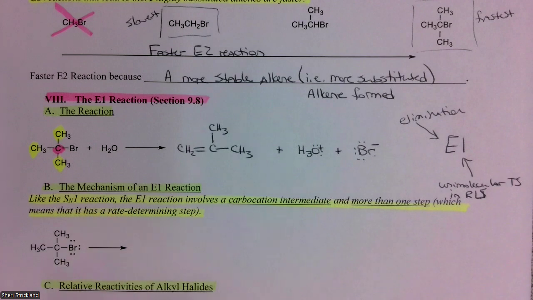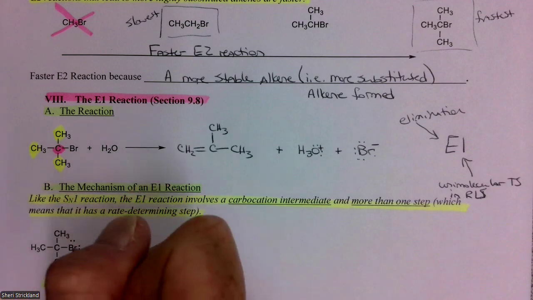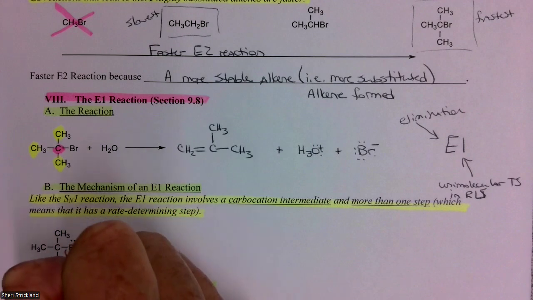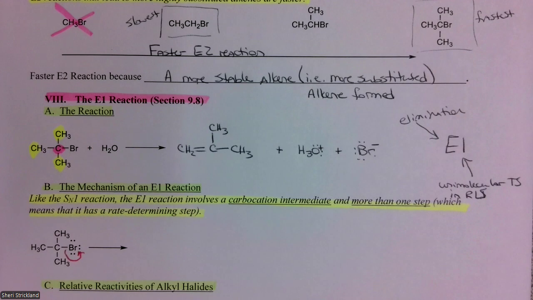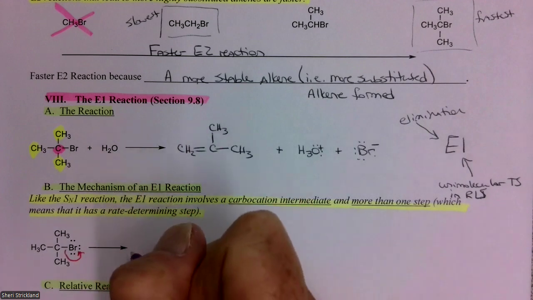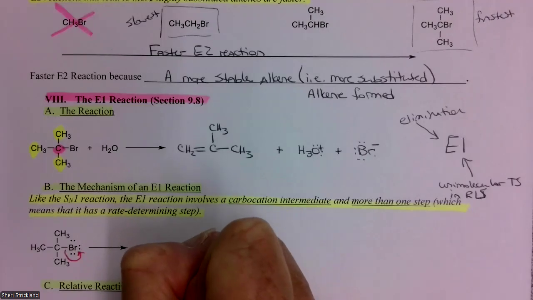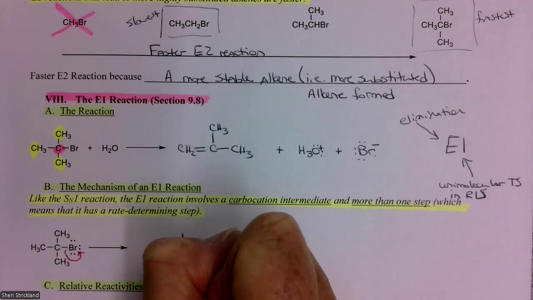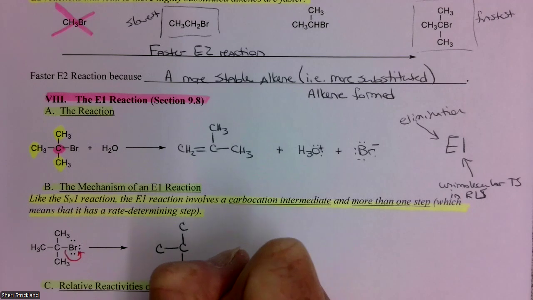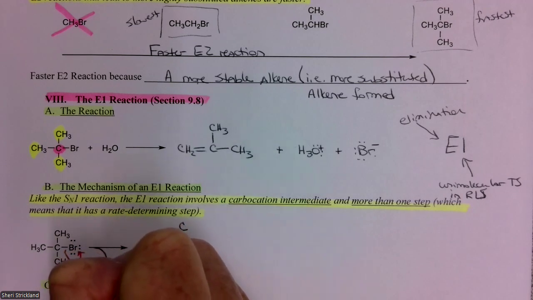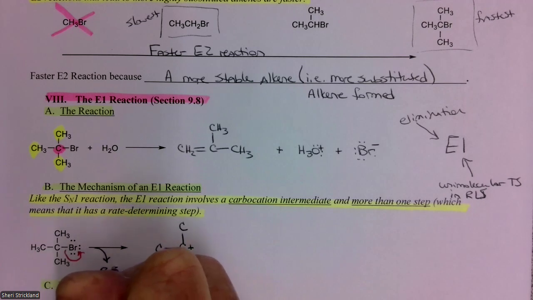So we've got our alkyl halide here, and the first thing it's going to do is form its carbocation. All right, so there are the carbons of the structure, and we lost our bromide right here.